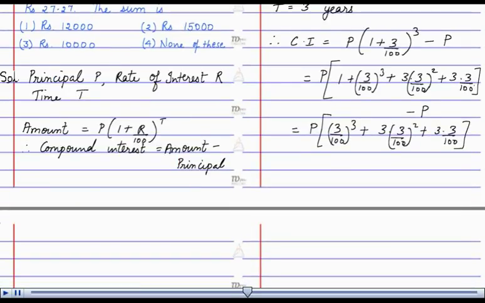Also, the simple interest for this case would be given by P into 3 into 3 upon 100.